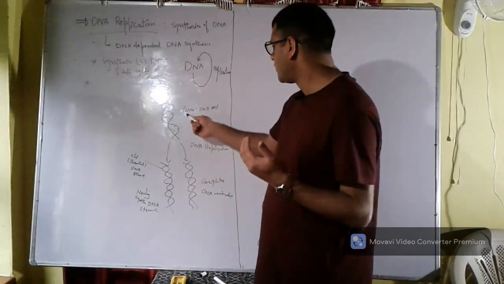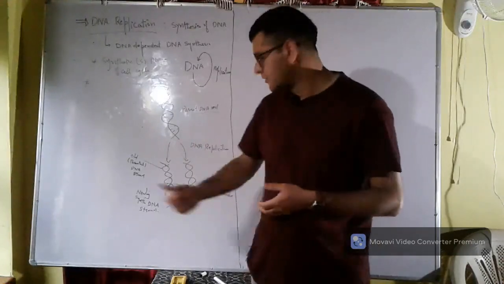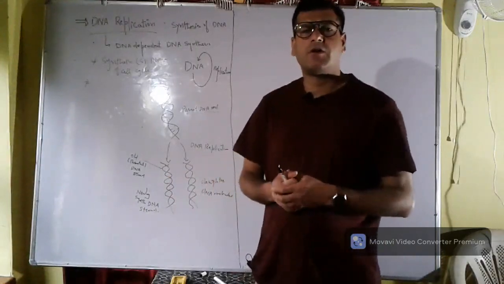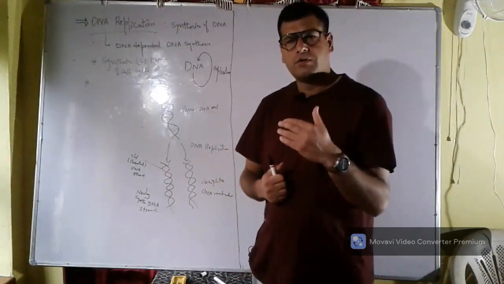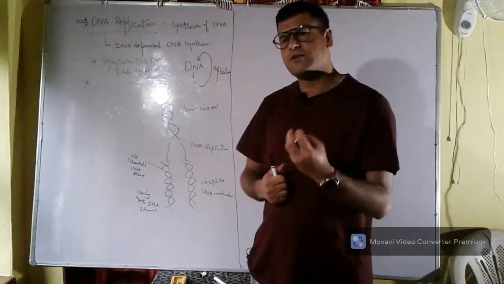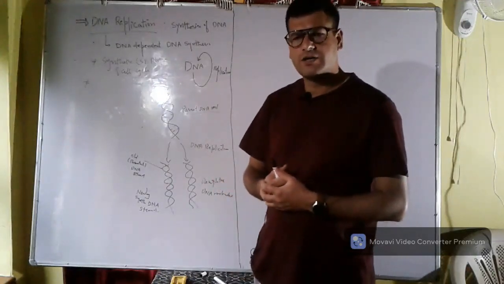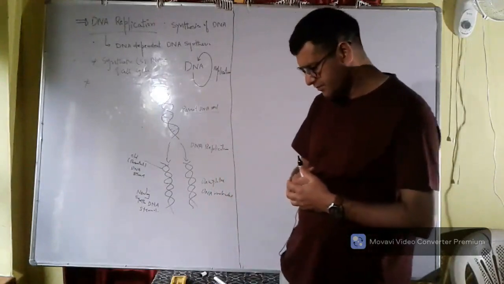In a daughter DNA molecule, we find two strands: one old or parental strand, and one newly synthesized strand.